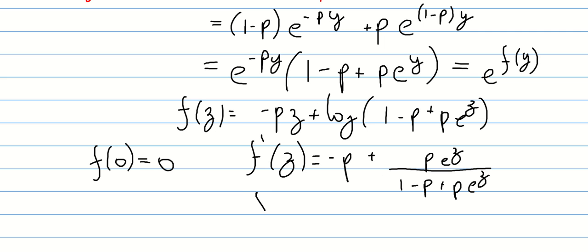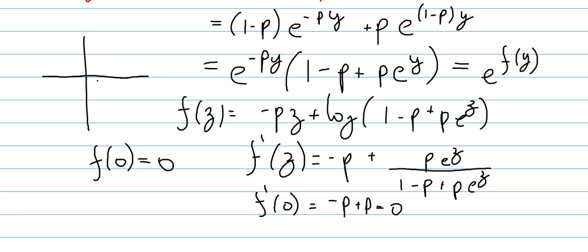If we evaluate this at 0, we get minus P, and in the denominator you have 1, in the numerator you have P. So it's minus P plus P, which is 0 again. So I have a function that is 0 and the derivative is 0 at 0.